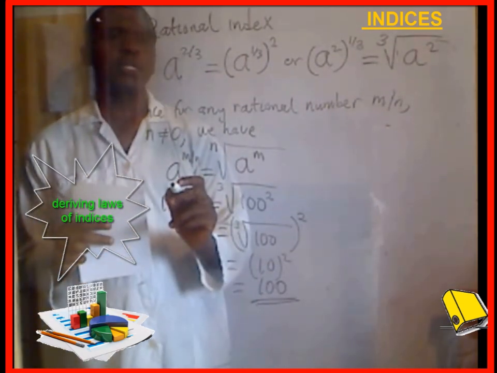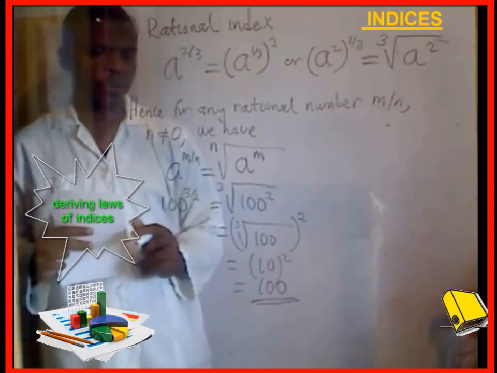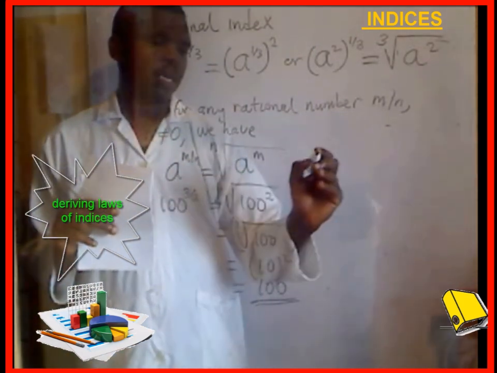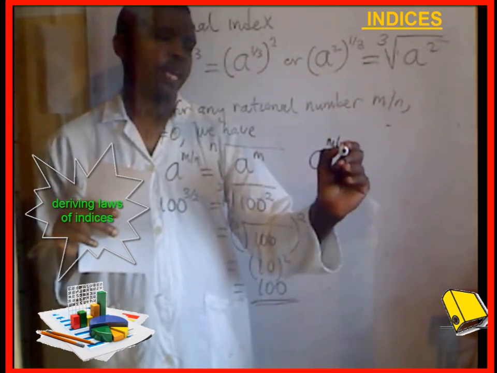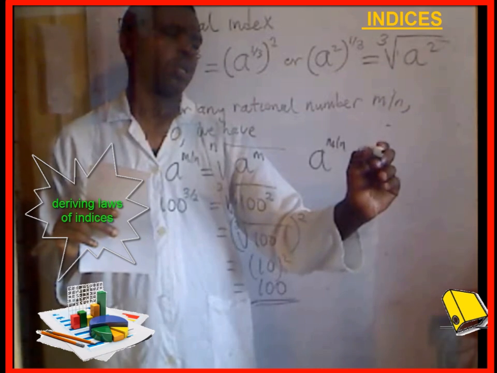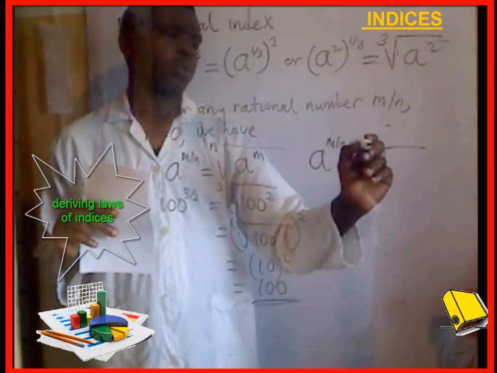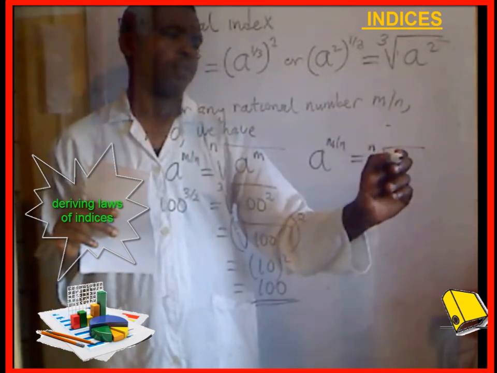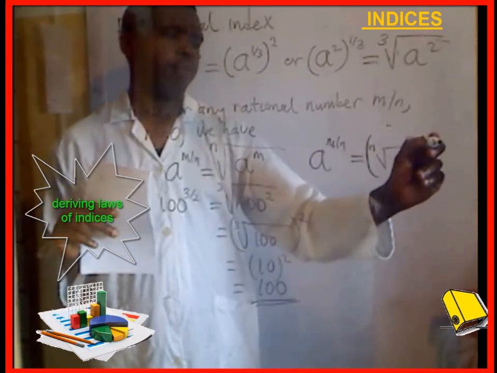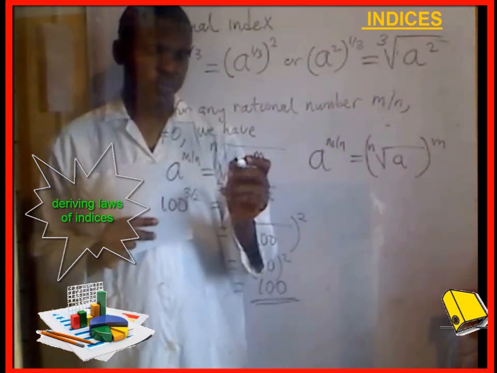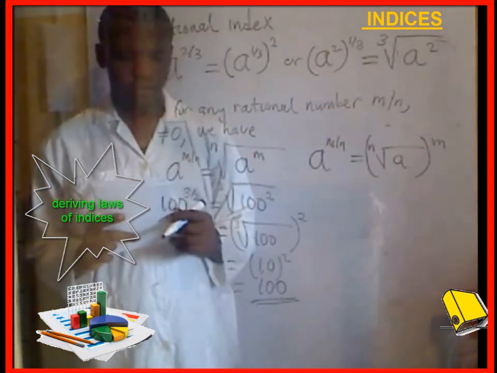So we can state our law relating to rational index as a raised to the power m all over n is equal to the nth root of a, all raised to the power m. So this form and this form are the same.